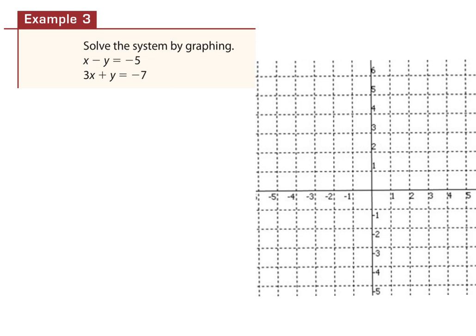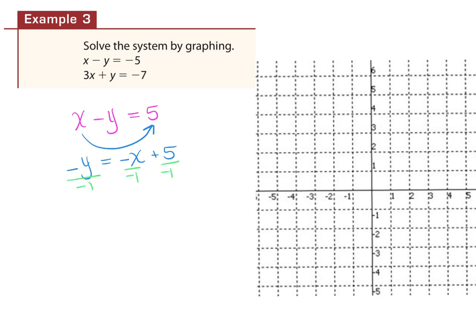So for this first one, I would take that x minus y equals -5, and I would put it in slope-intercept form. So I would move my x over. I have -y equals -x plus 5, and then I would divide everything by -1.